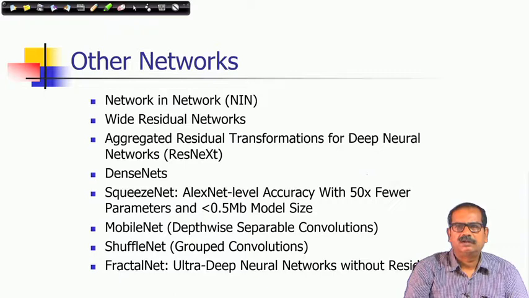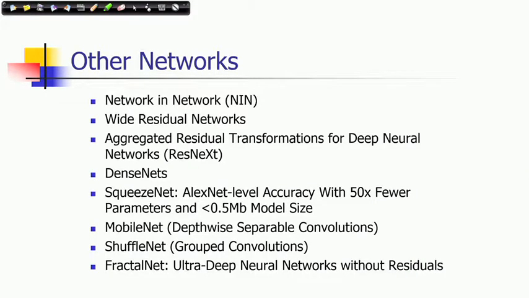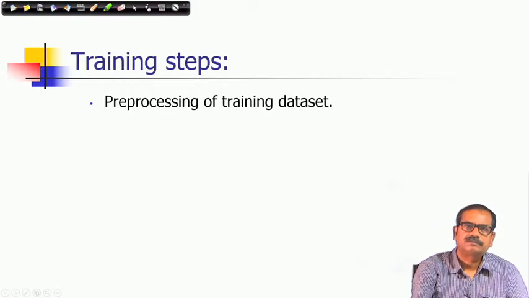I am not going to read all of them, so you may go through these references. In particular, let me point out one network which is called MobileNet. It is used for low end applications, and here all the filters are of size 1 cross 1. They are all separable convolutions.